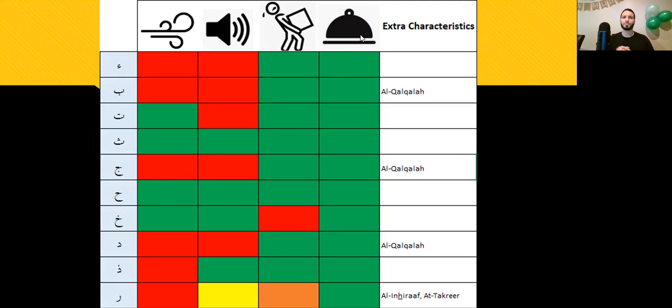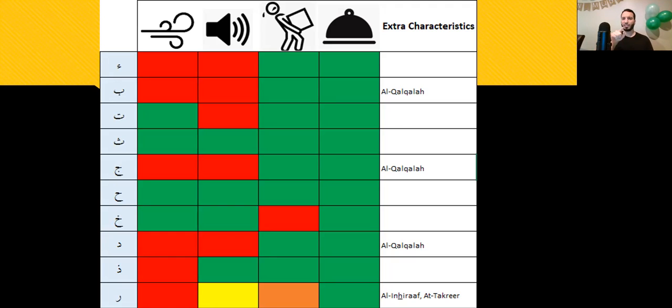Finally, the fourth is al-itbaq versus al-infitah, which we said there's only 4 letters that cover your ceiling. The tongue covers the ceiling almost entirely, either by completely touching or just hovering close by.